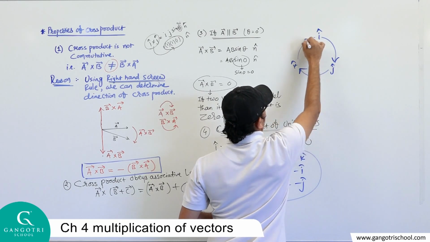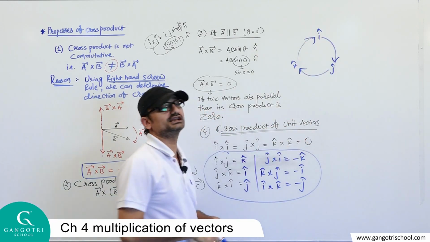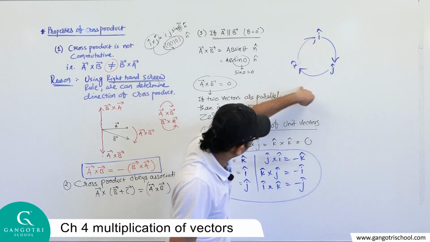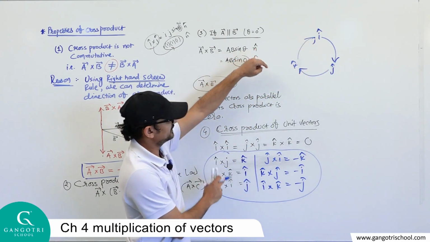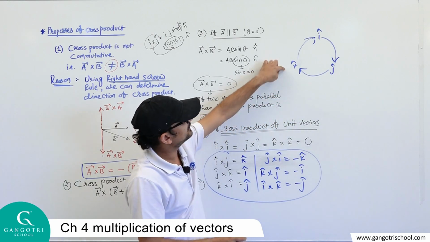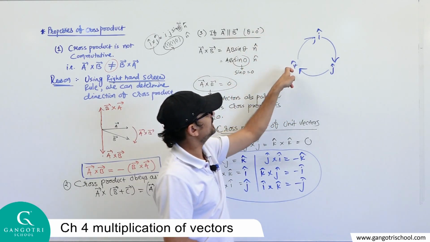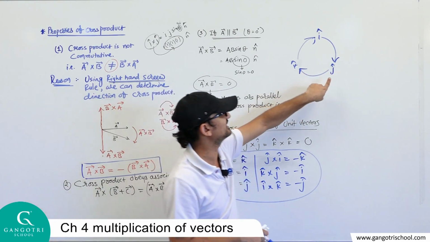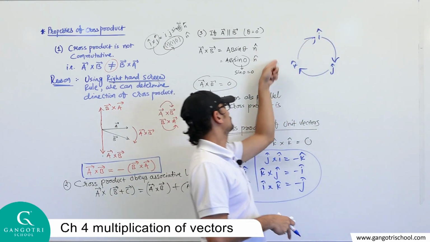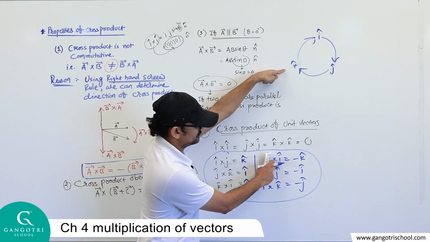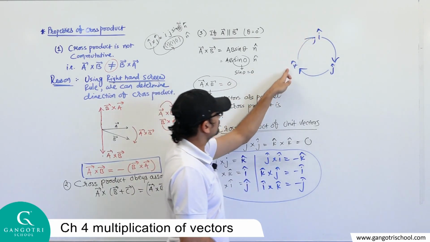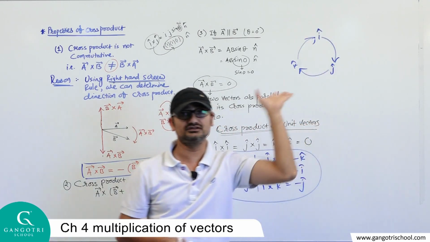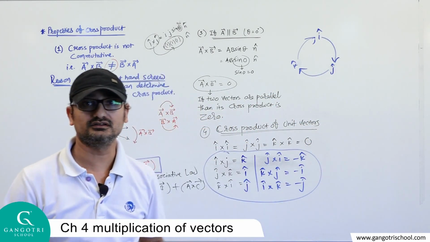If you go in a clockwise direction, i cross j is k, j cross k is i, k cross i is j. But if you go in anti-clockwise direction, j cross i is minus k, i cross k is minus j, k cross j is minus i. So in this way, it's very easy to recall or remember this.